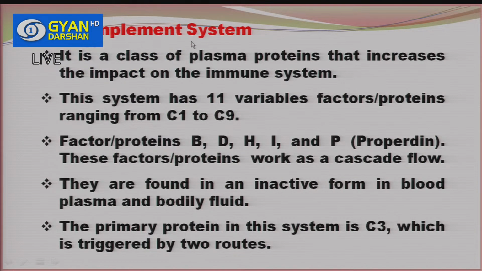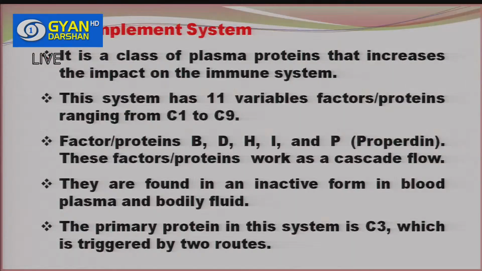And fourth one is the complement fixation, or you can say the complement system. It is another very important mechanism of the antigen antibody interaction. It is a class of plasma proteins which are available in the serum. They can impact the immune system. This system has 11 variable factors ranging from C1 to C9.